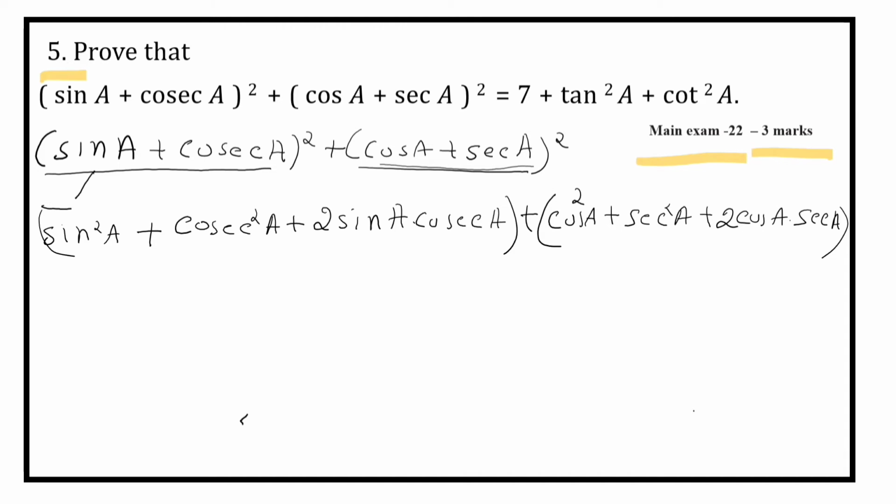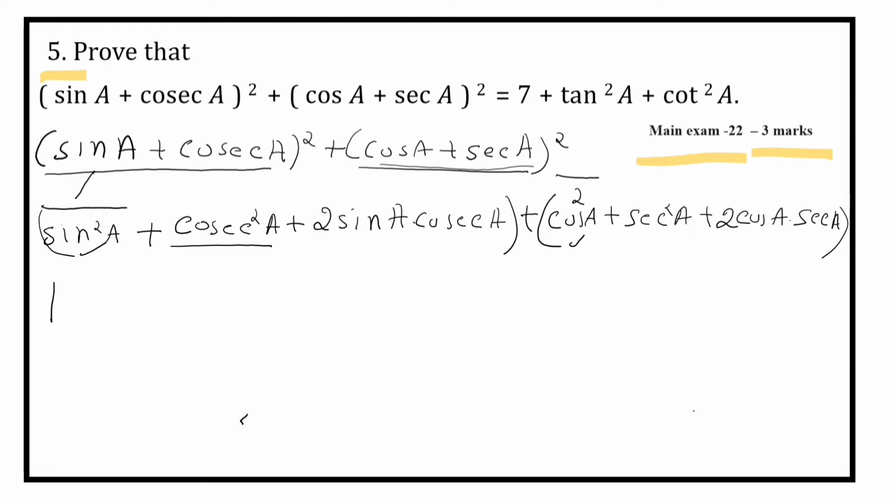Now you can club sin square A plus cos square A. What is it? 1. We have finished these two. Cosecant square A, what can we write?